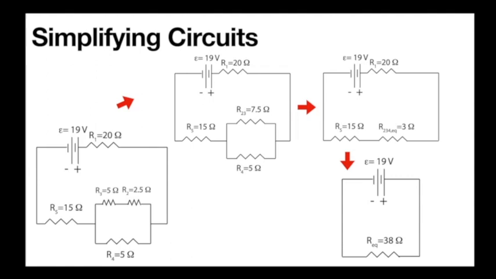Going a step even further back, now the interesting part, I have these 2 parallel branches. So now I have a place where I'm not going to have I total, right? I total is going to split, and some of it is going to go to R23, and some of it is going to go to R4. And how are we going to determine how much goes to each branch?